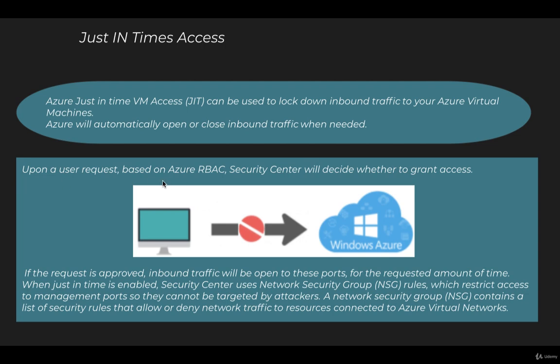Let's say a user requests access and his role requires that he can RDP to the machine. Security Center will decide whether access needs to be granted or not. If it is granted, at the backend Security Center uses the NSG rule, so just in time, a network rule is created which provides the access. After 3 or 4 hours, that rule is removed and the user access is denied.